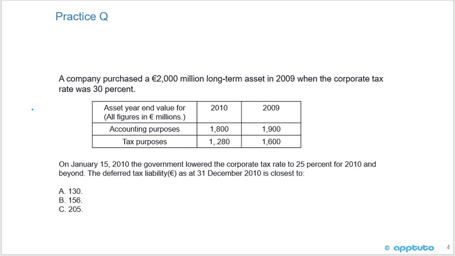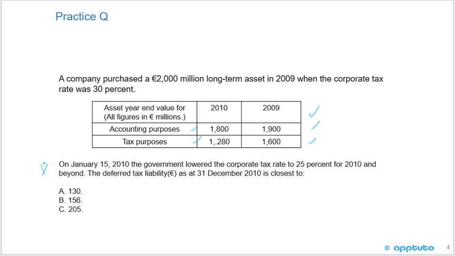A company purchased a $2 billion long-term asset in 2009 when the corporate rate was 30%. Then they're giving us the asset values at the year end in euros millions. For 2009, accounting purposes, 1,900. For tax purposes, 1,600. For 2010, the base for accounting purposes, 1,800, and for tax purposes, 1,280.